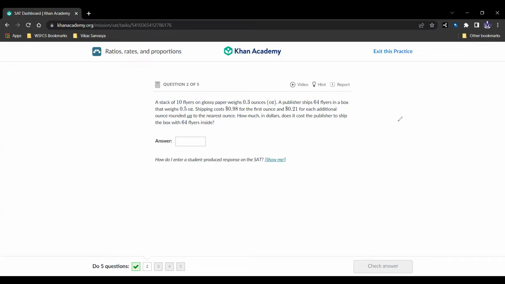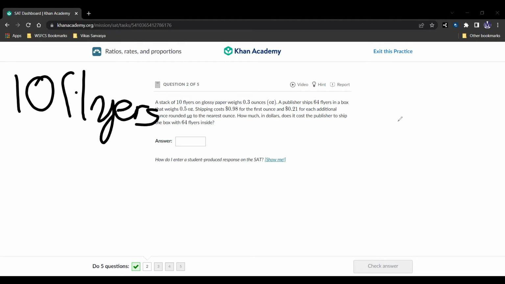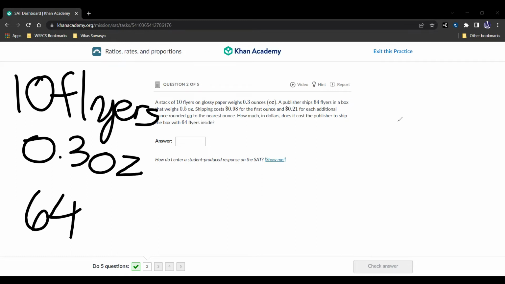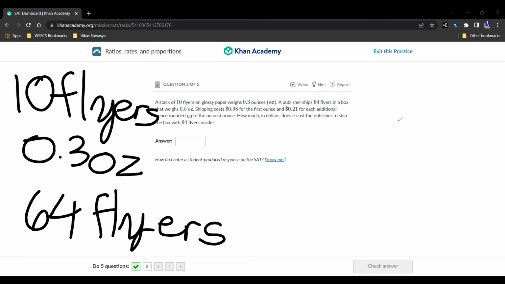So 10 flyers is 0.3 ounces, which means that 64 flyers is going to be 0.3 ounces divided by 10, so it's going to be 0.03 ounces per flyer, and then times 64 flyers to get 1.92 ounces.